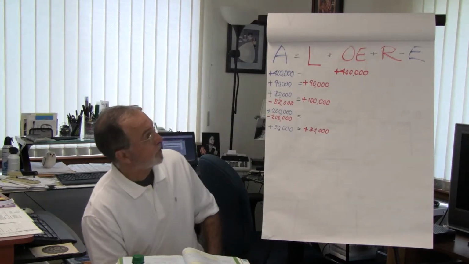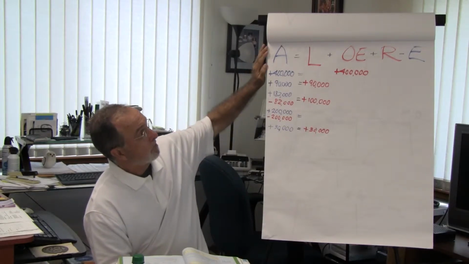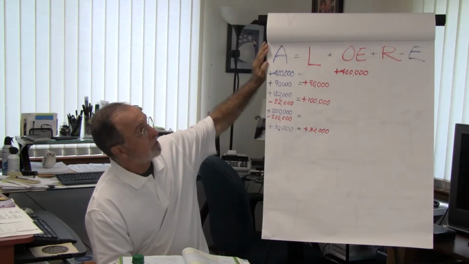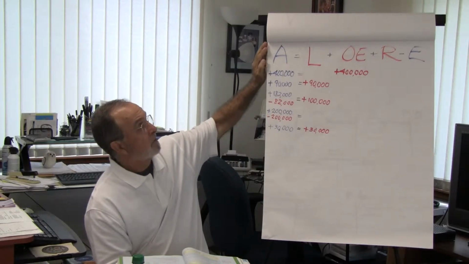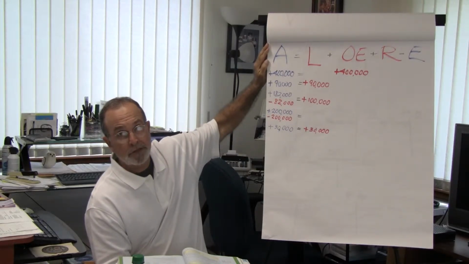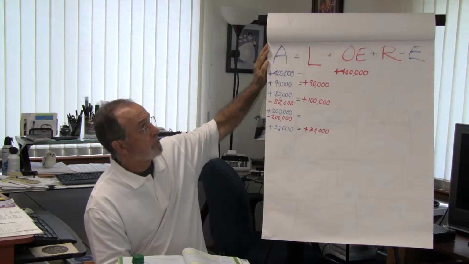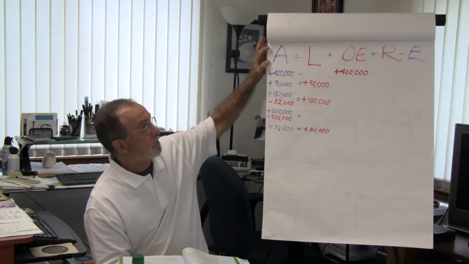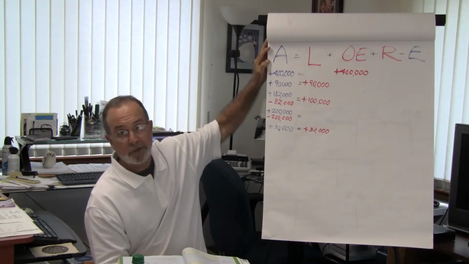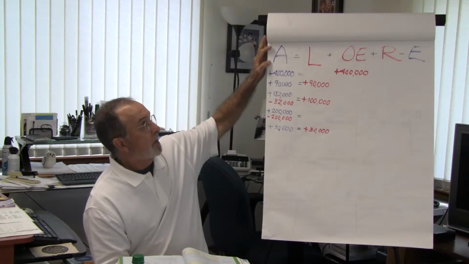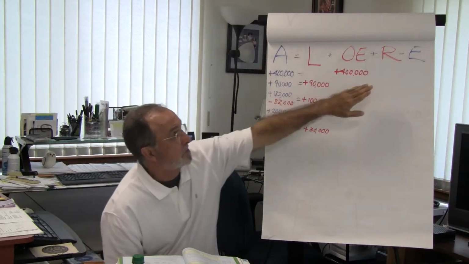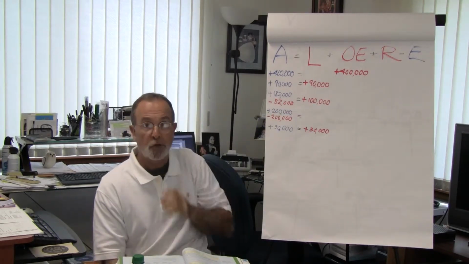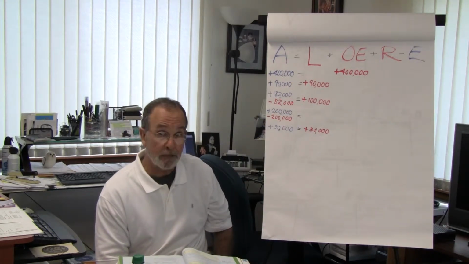Something I haven't said up to now, I always try to use the colors blue and red when I do transaction work like this using account categories or major categories like in the accounting equation. Blue accounts, which are basically assets and expenses, are debit balance accounts.